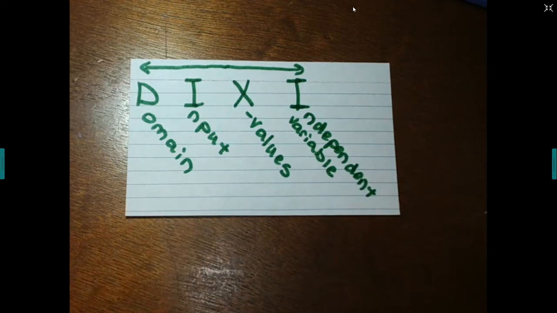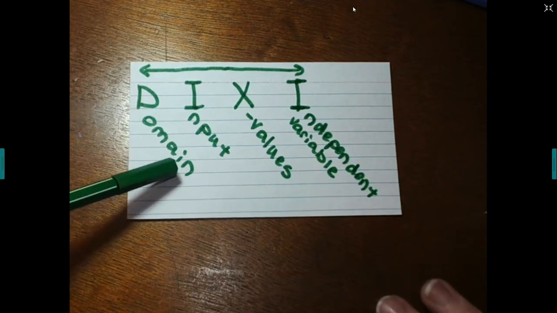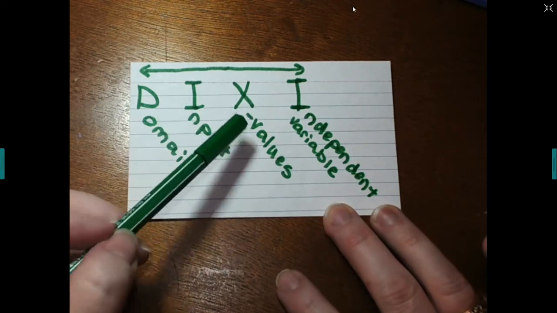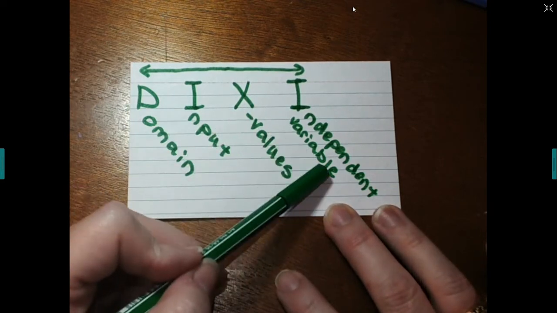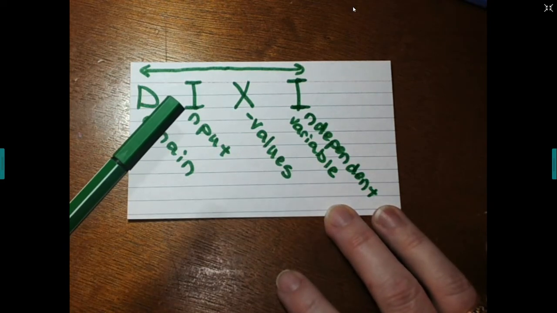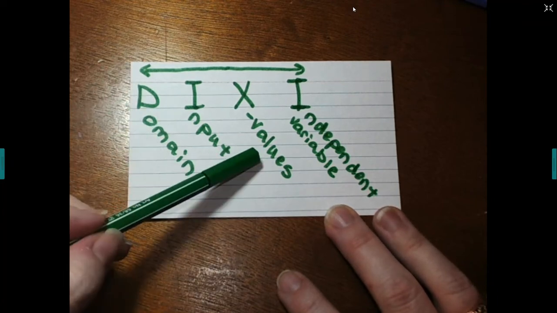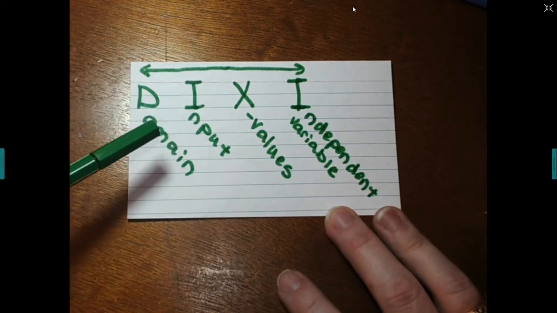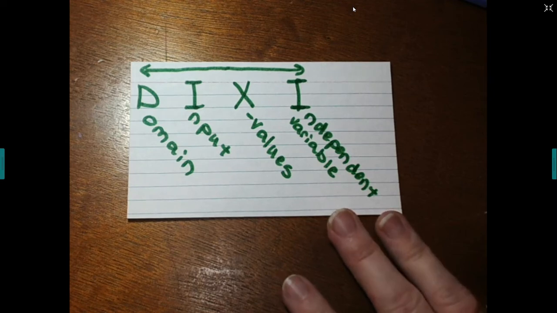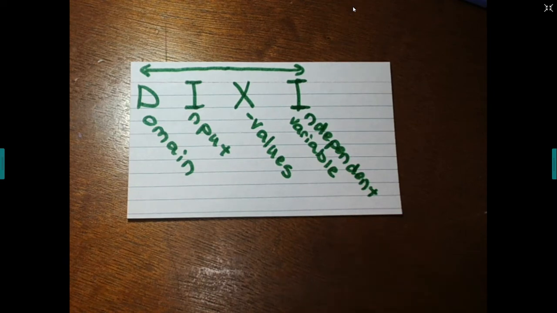Dixi. So to help you remember, hey, domain is X values, right? Got a little brain trick in there to help me out.